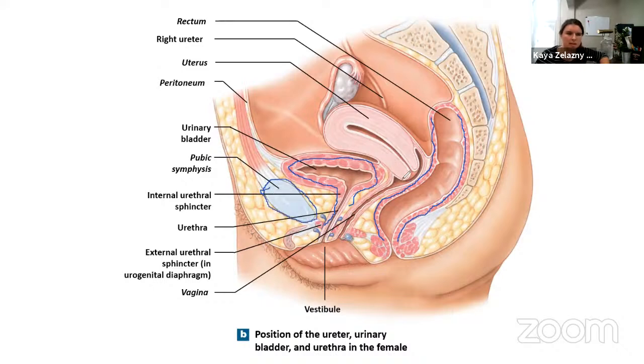The uterus is on top, superior to the bladder, but really it's kind of in between. Here we see the uterus, and here we see the vaginal canal running between the bladder and the rectum.